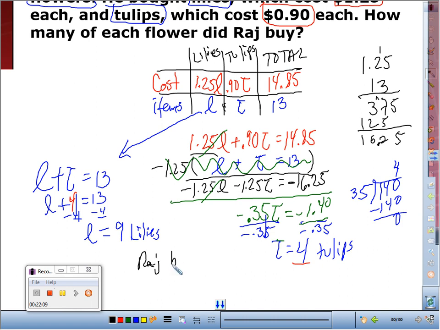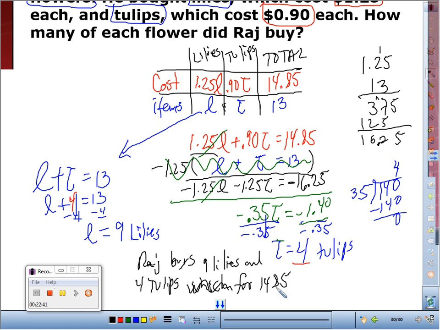Raj buys 9 lilies and 4 tulips for $14.85. Thank you. Yes.